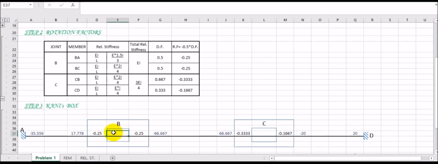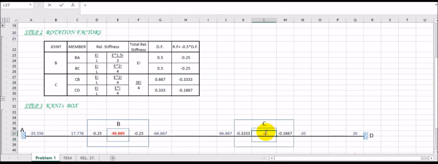Here it is basically the summation of your fixed end moments which are adjacent to the box. It is equal to this value plus this value, which is minus 48.889. So I've just summed it up and I have to write it in the middle of the box.